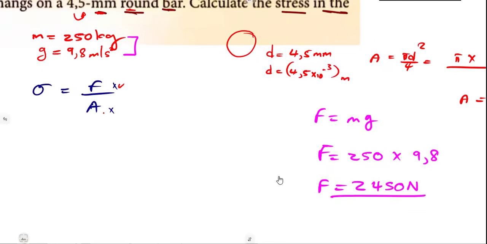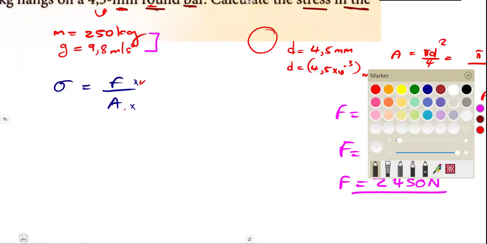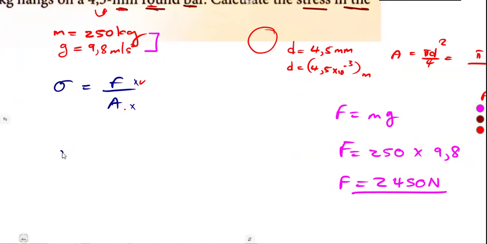All right, so let's go back to the stress, guys, and answer the part. We're going to have the force, 2,450, over the area. Remember, whenever we substitute back here, the area must be in square meters. Do not forget, area is not always in square meters.